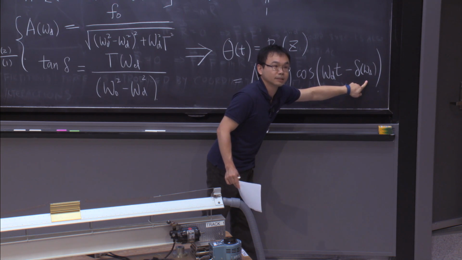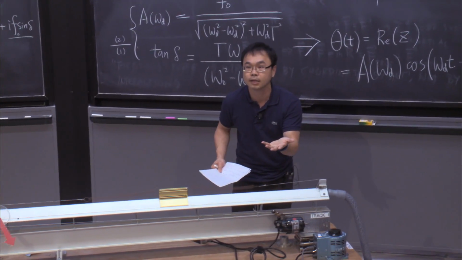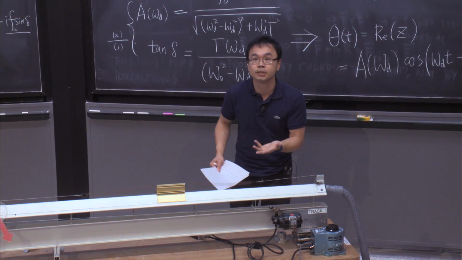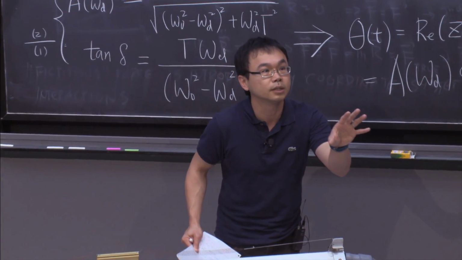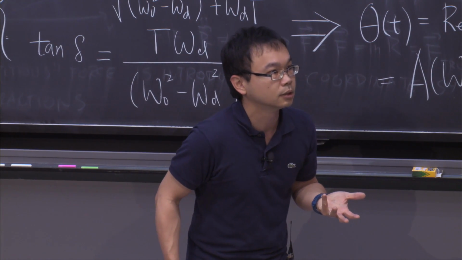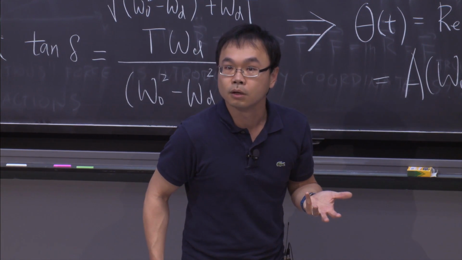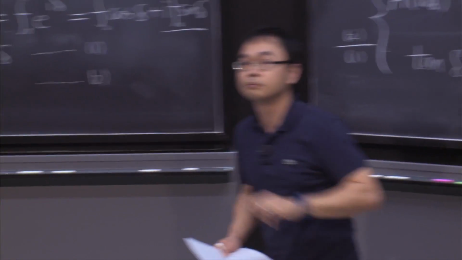It's a lot of math, but we have overcome it, and we have the solution. But it is clear that this cannot be the full story, because you have a second order differential equation. You need to have two free parameters in the solution. What is actually missing? Anybody can tell me what is missing?